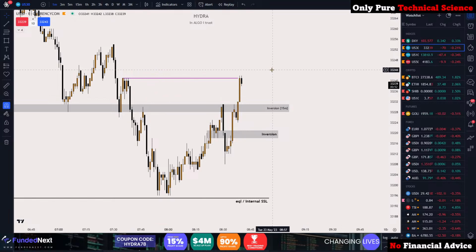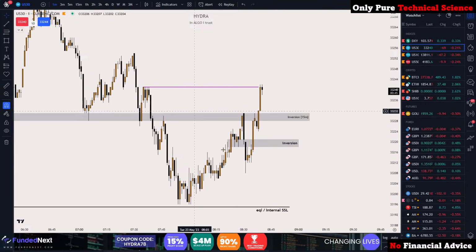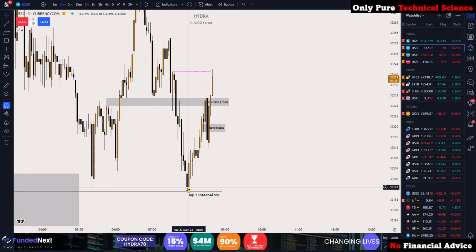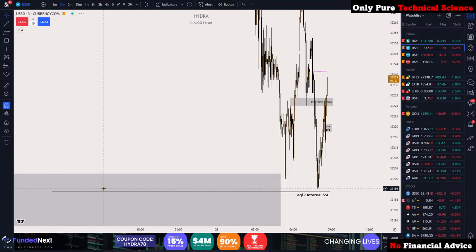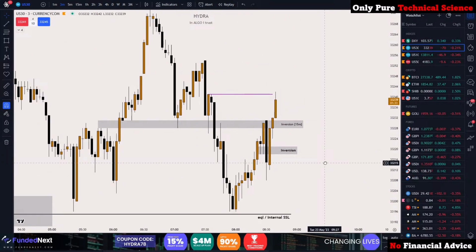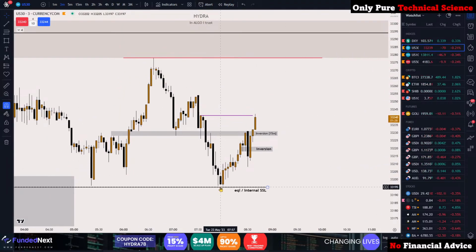Price is constantly generating relative equal highs, as you can see, and it's delivering buy side liquidity aggressively, leaving relative equal lows like this on lower time frame plus higher time frame relative equal lows, a lot of relative equal lows. So yeah, I want to see a run towards the sell side, from this high to this low.